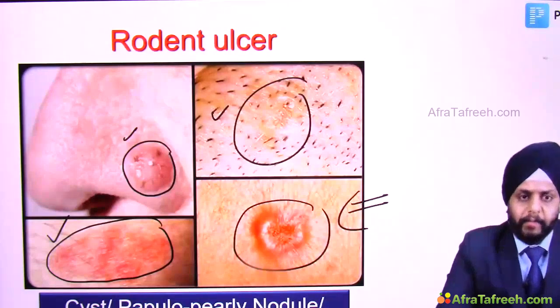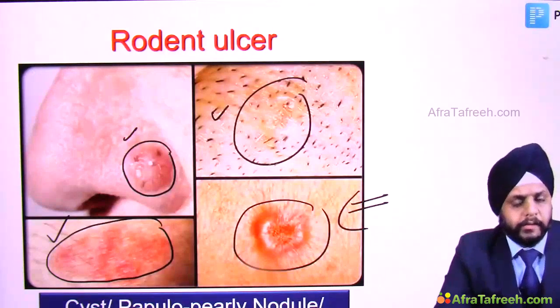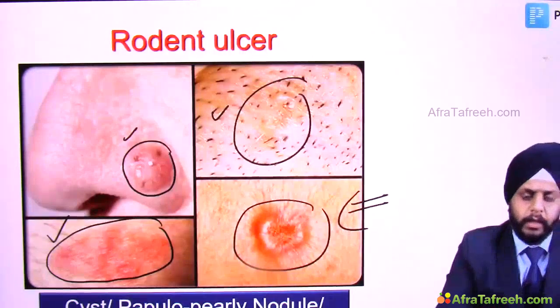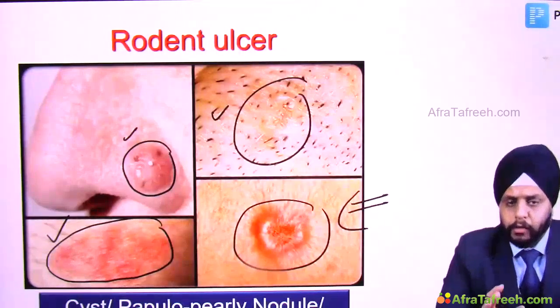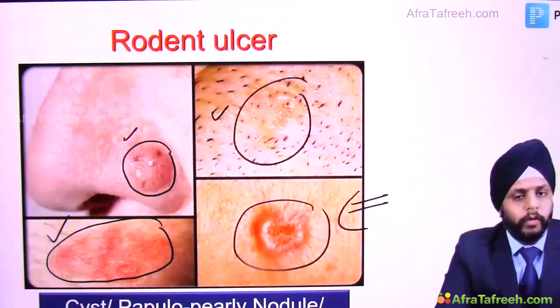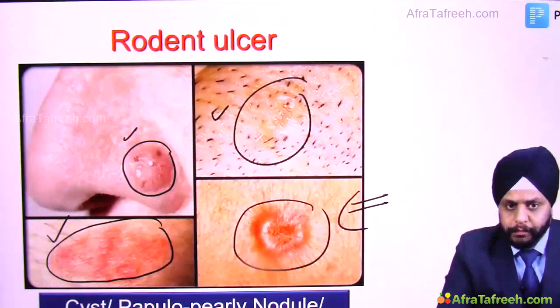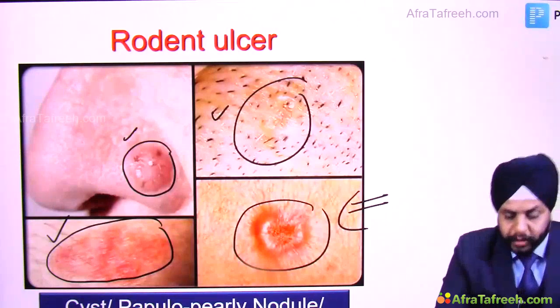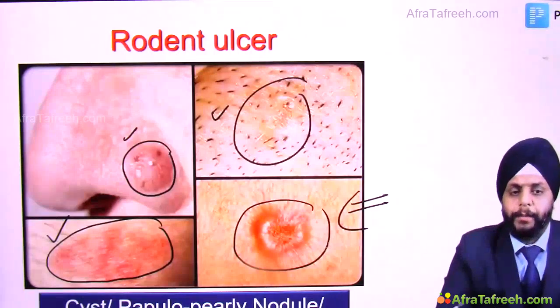Now, as I said, this malignancy does not have distant metastasis. Most of the time, distant metastasis is not there. So the treatment is local. So what do we do locally? We'll do an excision. Okay, but locally it invades. So what is visible to you outside may be more inside.